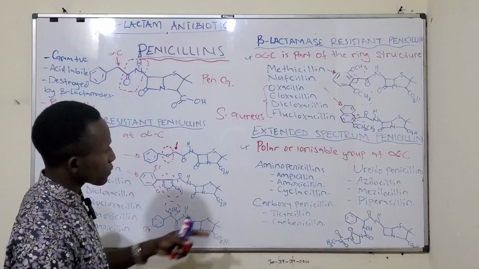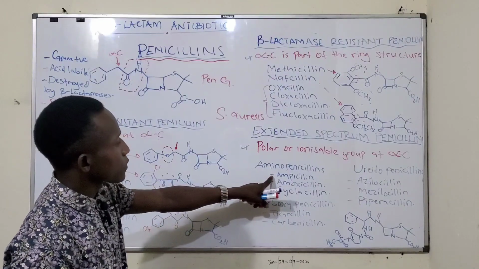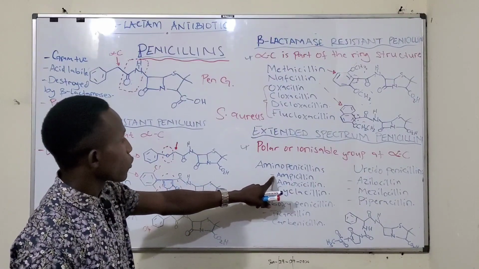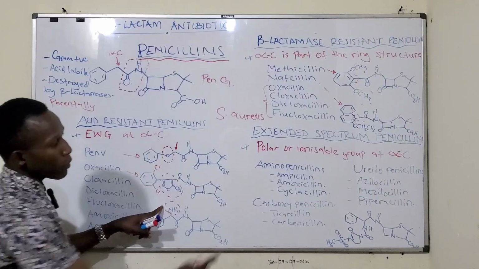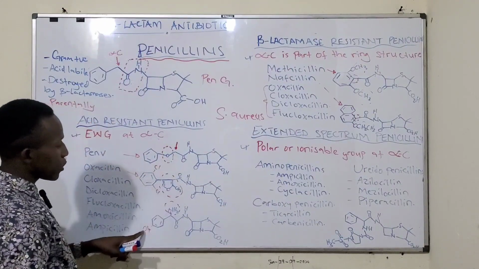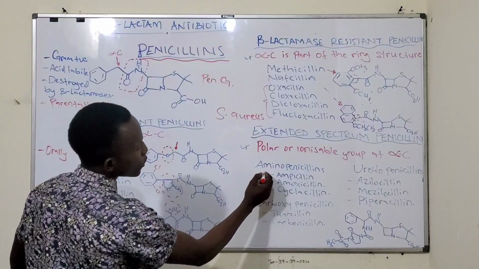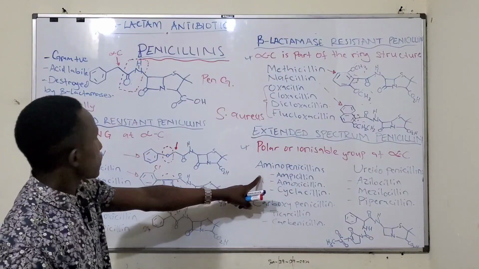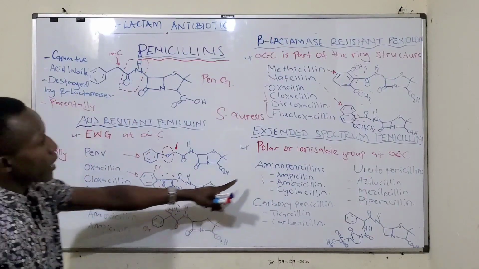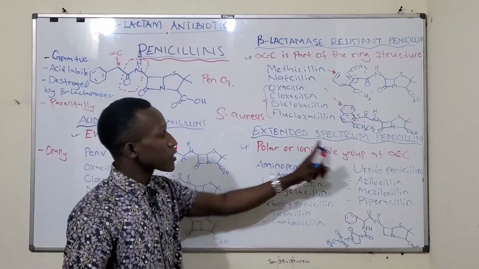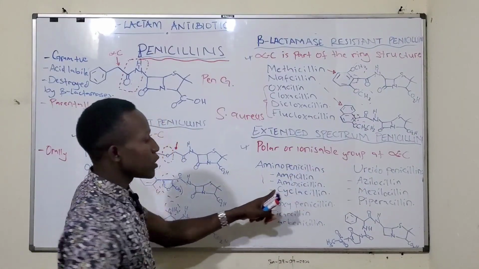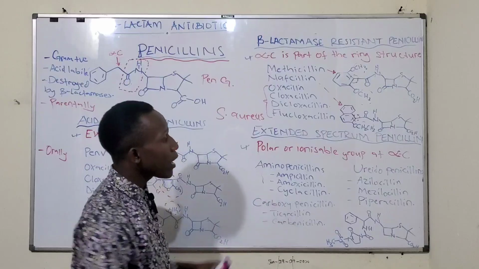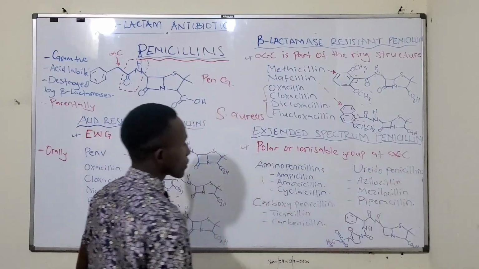An example, ampicillin, there is a polar group, which is an amino group here. Amoxicillin, there is amine and OH. So these ones, ampicillin, they are extended spectrum. Then cyclacillin also has the amine group at the alpha carbon.